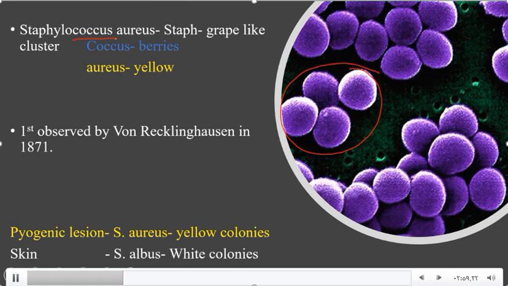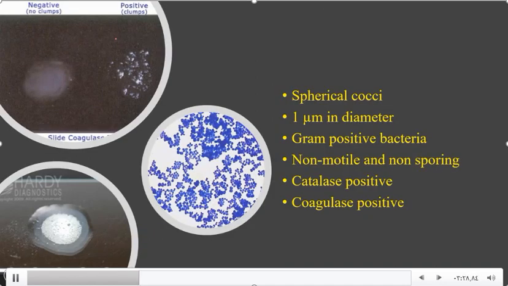Staphylococcus aureus produces yellow colonies and is pathogenic, whereas Staphylococcus albus produces white colonies and is not pathogenic. I don't mean to say that yellow colonies are pathogenic whereas white colonies are non-pathogenic. I'm just telling you how scientists differentiated Staphylococcus aureus and Staphylococcus albus.